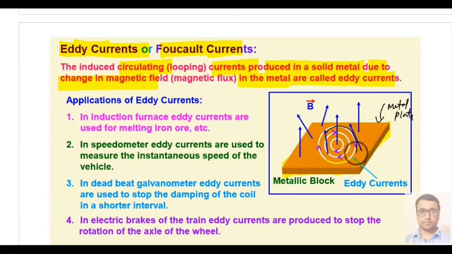So these circulating currents are formed, as you can see here, and these are called eddy currents.